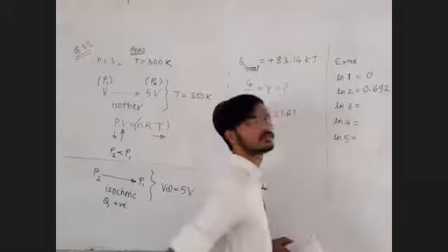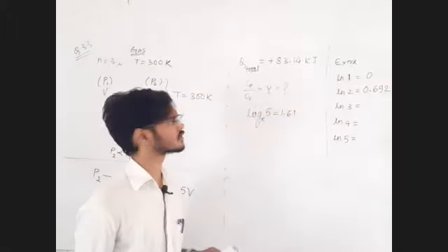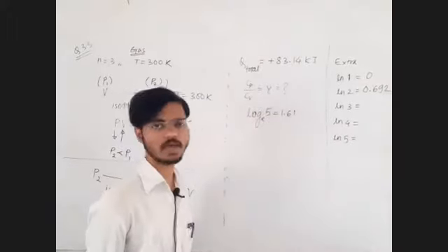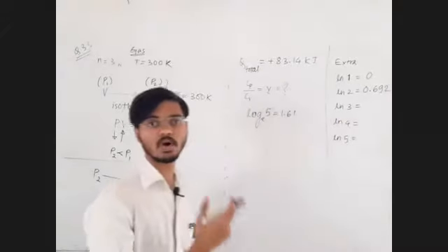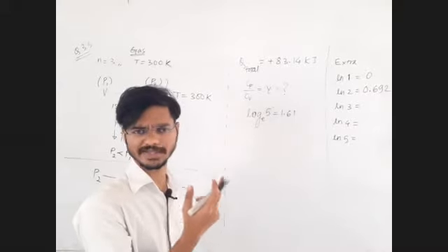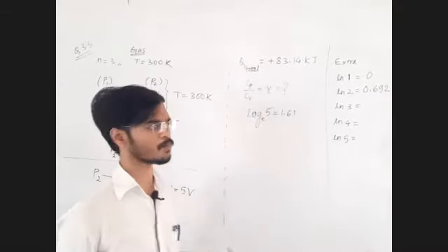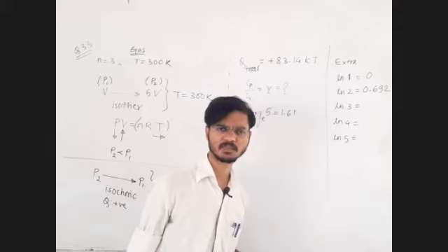0.692 or 693, whatever. Approximately 0.7. Ln 3, not log 3, not log to the base 10, log to the base E. Ln 3.